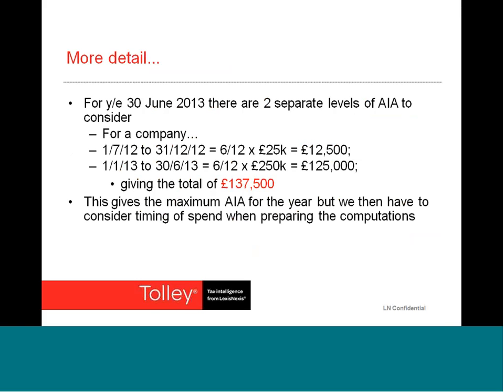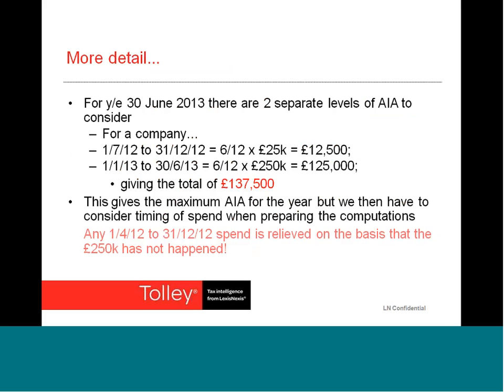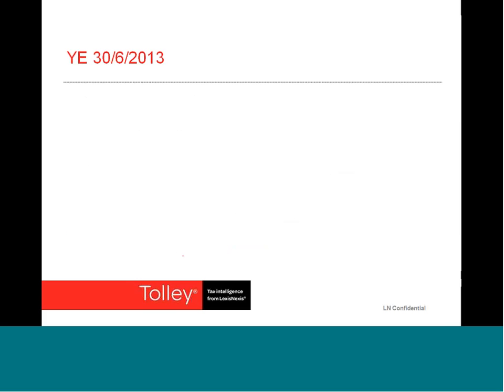So this is your maximum AIA, but you may not be able to get the maximum AIA depending on when you have incurred the expenditure. Because any expenditure that you've incurred whilst the AIA was 25,000, so that's before the 1st of January 13, that expenditure is going to be relieved on the basis that the AIA didn't go up to £250,000. So here we are with our apportioned maximum of 137,500.